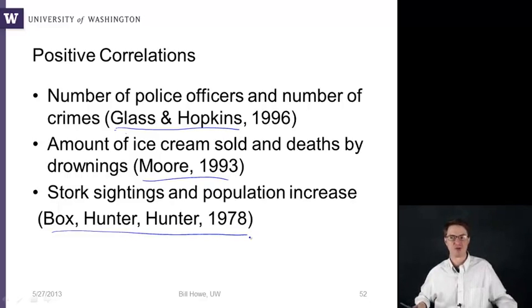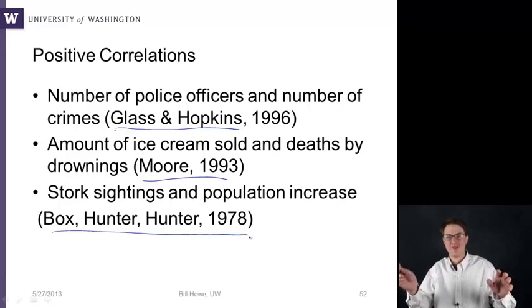Okay, amount of ice cream sold and deaths by drownings. Why would these things be correlated? Well, there's a seasonality, right? In the summertime, you sell more ice cream and more people go swimming. And then one is stork sightings and population increase, used as evidence that storks do indeed bring newborns to families. Well, again, in more densely populated areas, there are more people to actually see the storks, and so you get an increase in sightings.